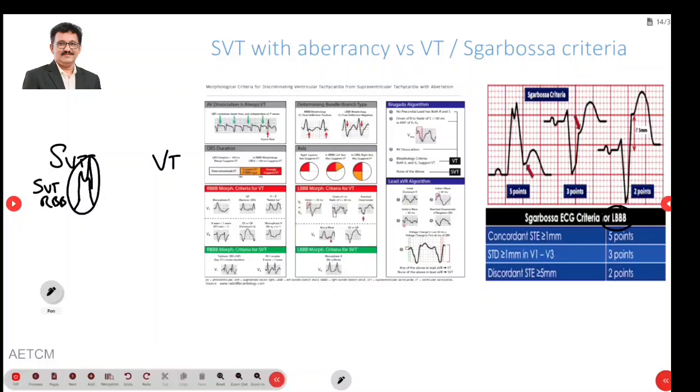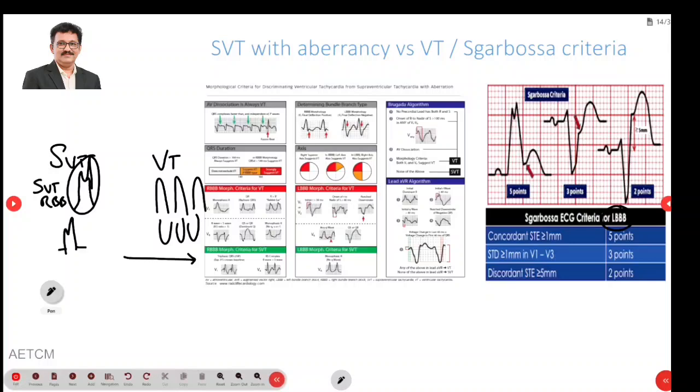Whereas in VT, everything will be either positive or negative. This is called concordance. Concordance means all the complexes in VT will be the same. If you take V1, V2, V3, all will be either positive or negative. But in SVT with RBBB, this will follow a pattern of RBBB only.